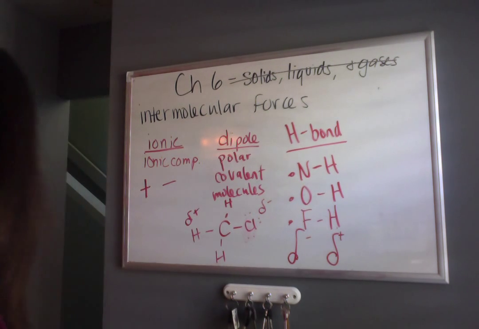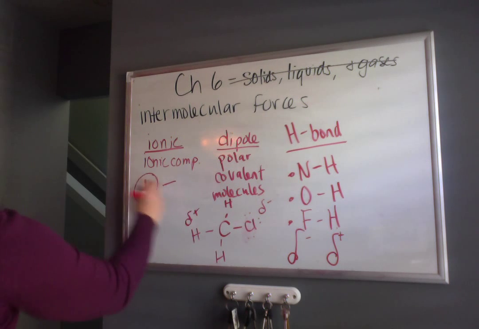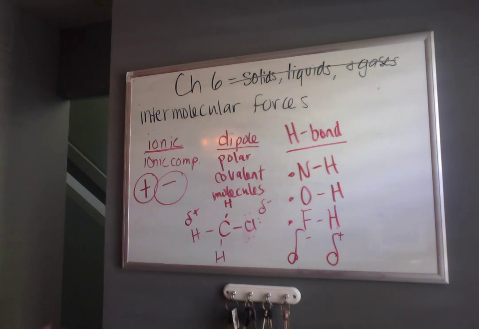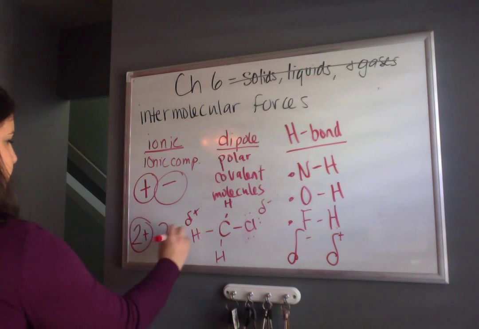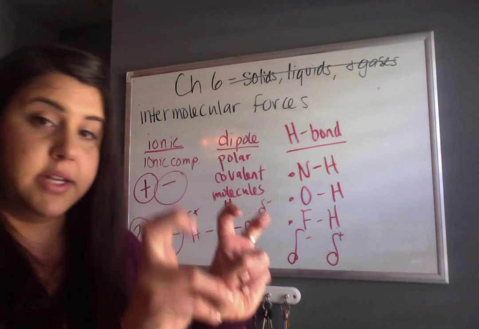So I'm going to propose a question to you. In my ionic compound, I must have a positive and a negative charge, but what if I have a 2 positive and a 2 negative? What do you think about the strengths of those two ionic bonds?